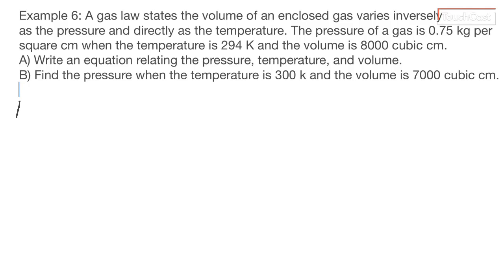So part A, what we know is that the volume, which we're going to just use V to represent, varies inversely as the pressure, so we're going to write K over P for pressure, and directly as the temperature. So let's just multiply K by T. Now, there are some values we know.